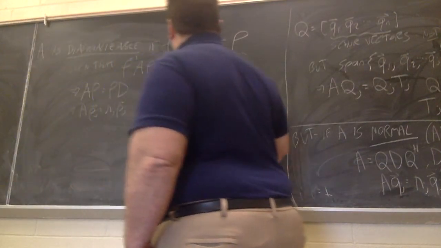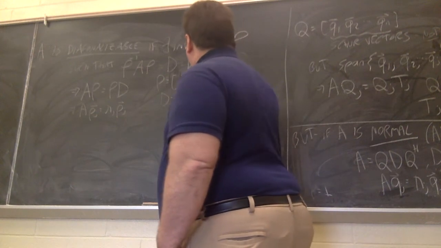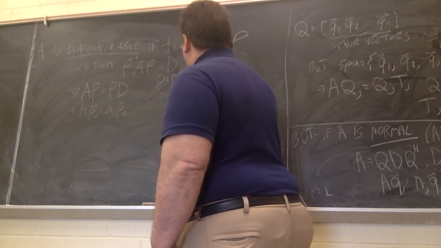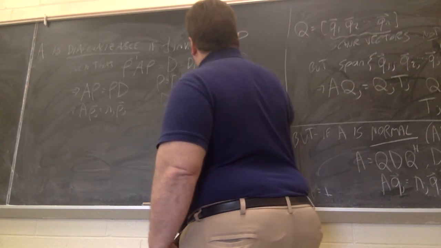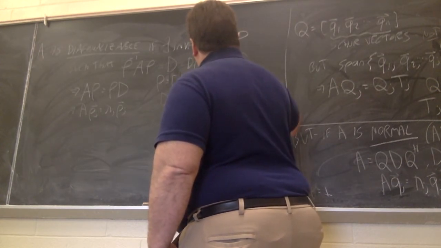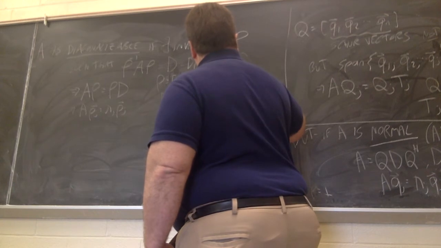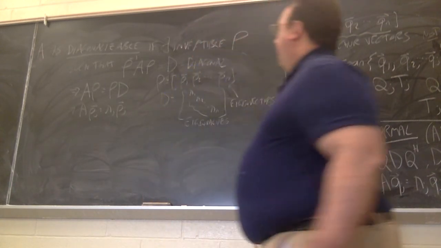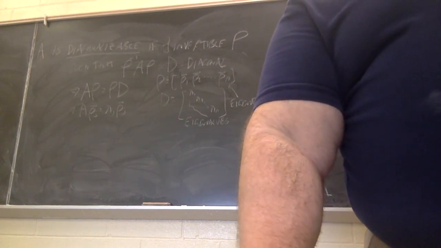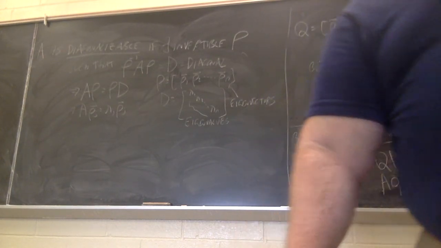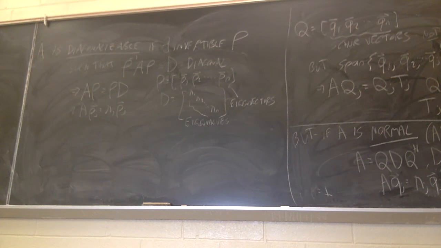In other words, the lambdas are the eigenvalues, and the columns of P are the eigenvectors. So anytime you can reduce a matrix to diagonal form, you get everything: eigenvalues and eigenvectors both.